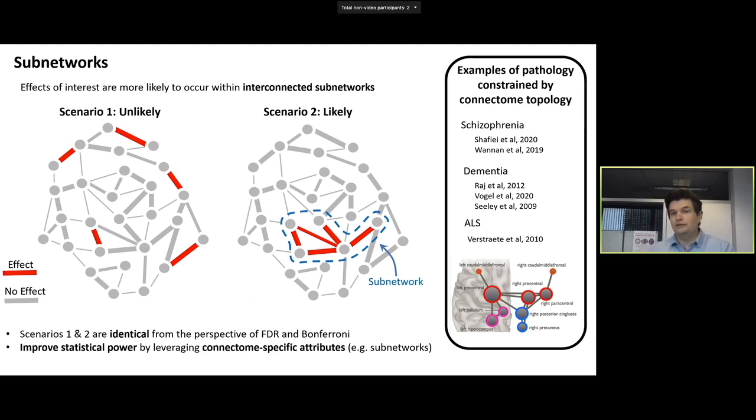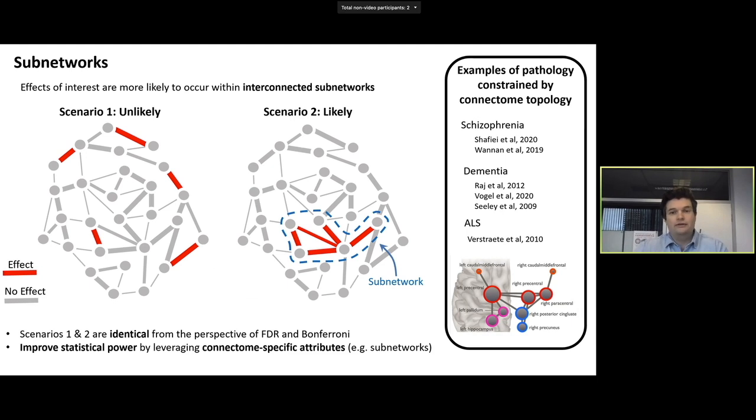We also see this in terms of behavior and cognition, that the effects of interest are clustered within networks. So scenario 2 is more likely relative to scenario 1, where the effects of interest are randomly or sporadically distributed across the network. Now, from the perspective of FDR and Bonferroni, both scenario 1 and scenario 2 are equivalent. There's no difference for them.